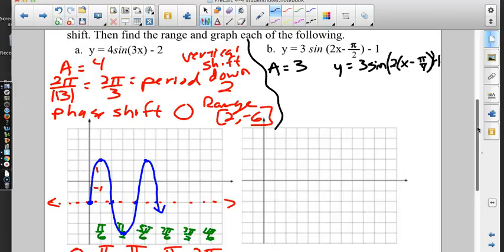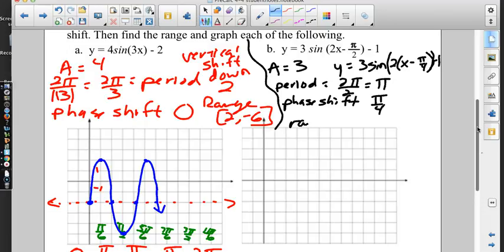Everybody getting x minus pi over 4? Okay. So now our period equals 2 pi over what? 2. That's not so bad. Okay, so 1 pi. So I start thinking increments. That's going to be pi over 4. All right. This one has a phase shift with it. What's our phase shift? Pi over 4.